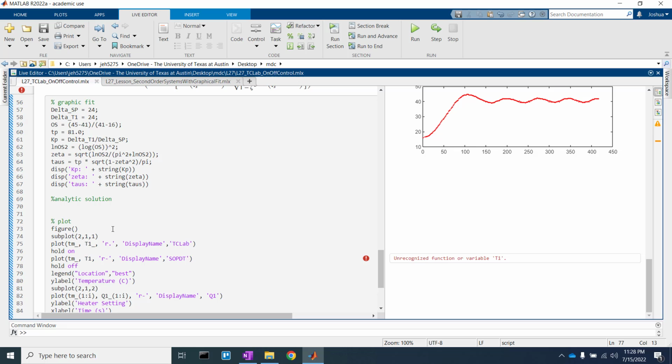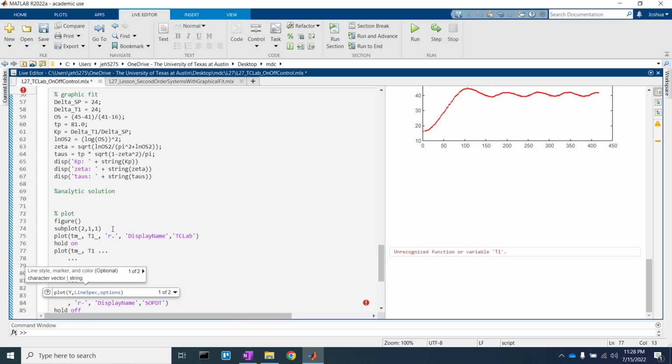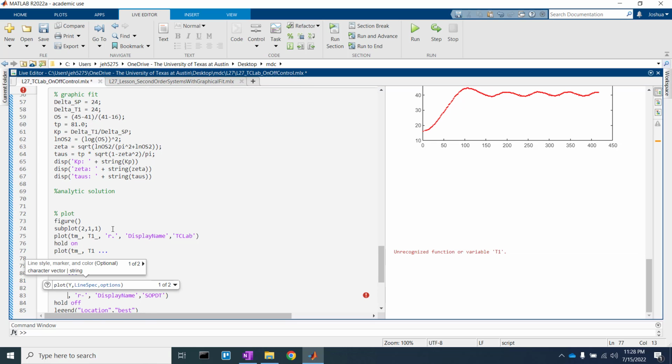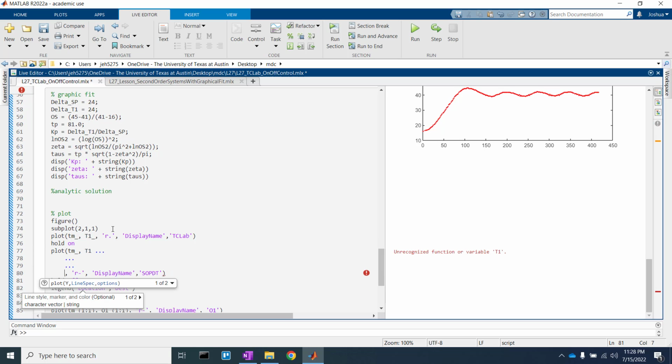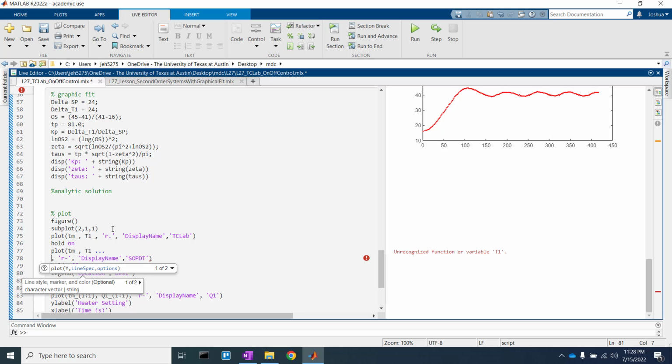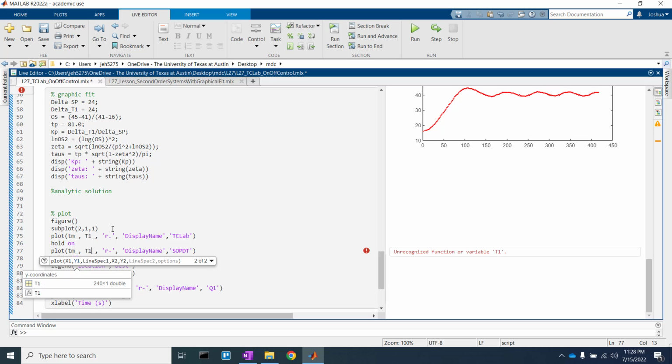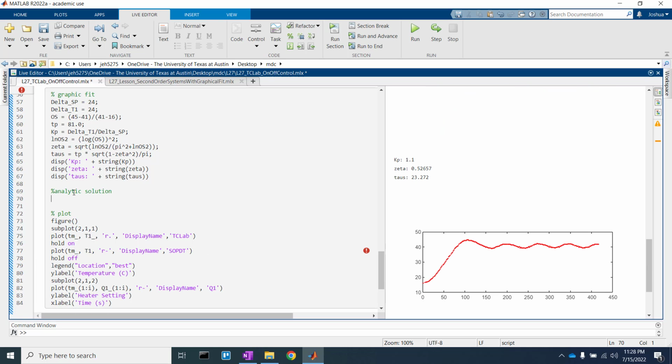And then you'll see right here this needs a T1. We need to calculate our analytic solution and say that is equal to T1. So T1.